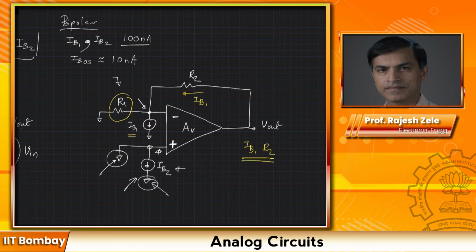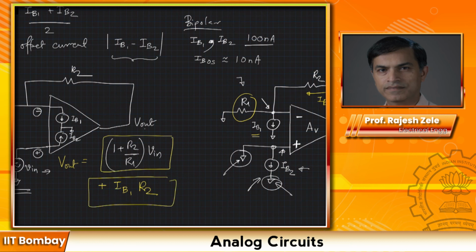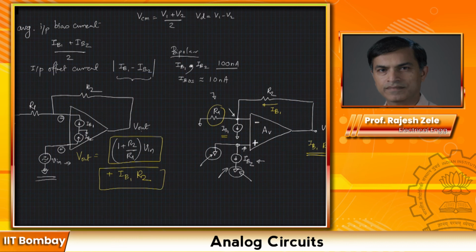Okay. So we can modify our output equation to include the effect of IB1 R2, and this would be your V out. So it would have a V in component which is desired, and this would be your undesired component. So what's the problem with this one? The problem is we want to get high gain with this amplifier.